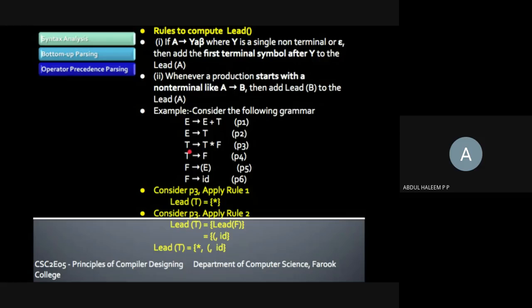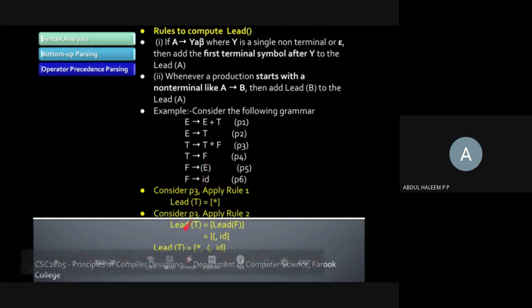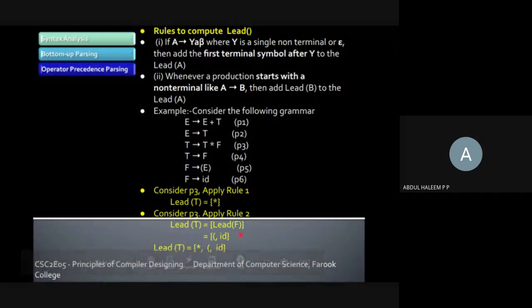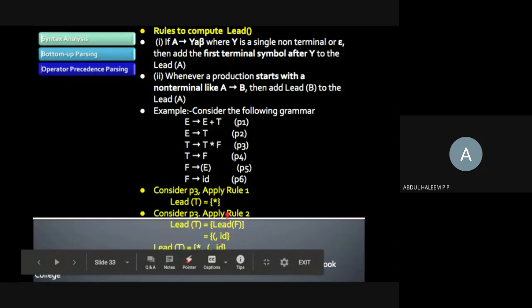LEAD of T will contain LEAD of F. So LEAD of T is equal to LEAD of F. LEAD of F we have calculated earlier. It is left bracket and ID. So let us take a union of these two. So entire LEAD of T will become star, left bracket and ID. I hope it is clear. And I hope you have noted it down also. I'm ready to wait till you have noted down. Please note it down.